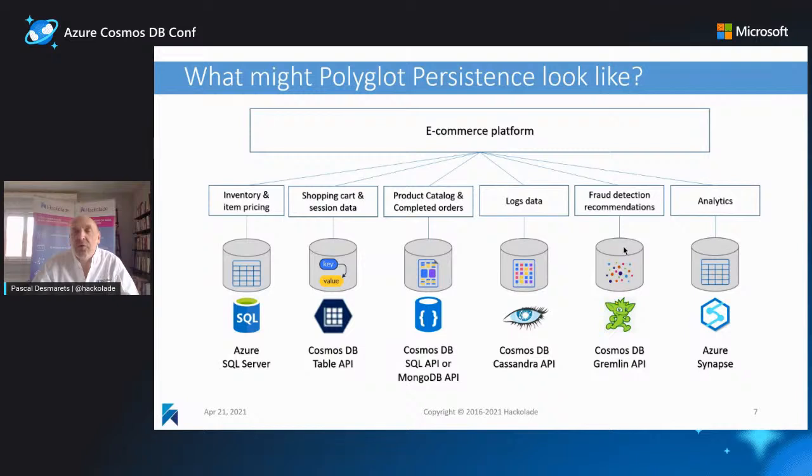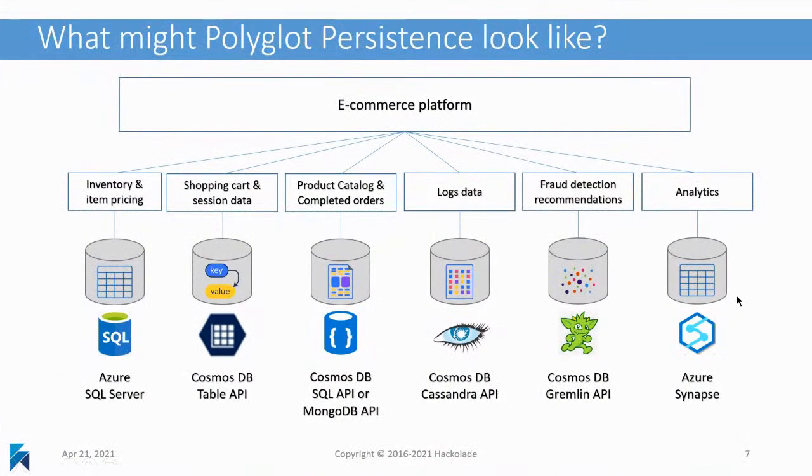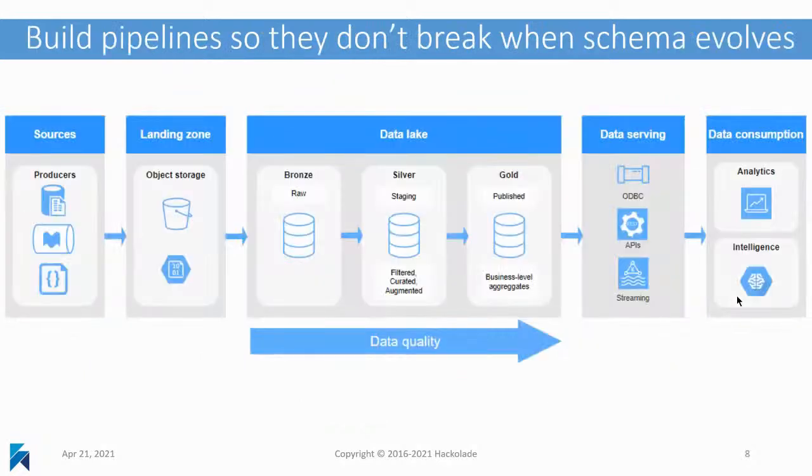And so the Gremlin API will be best for that use case. And then finally, you might have an analytics store for data self-service. And for that, Azure Synapse would be your ideal tool to serve this use case.